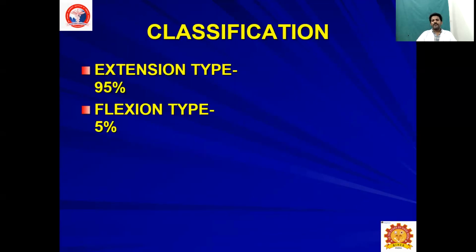A classification, why are we classifying each and every fracture? So that we can plan for treatment. Extension type, as we discussed before, is the most common type and it accounts for 95% of the total supracondylar fractures. Flexion type is only 5%.